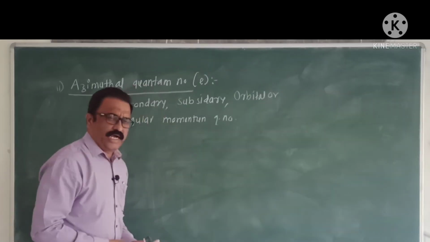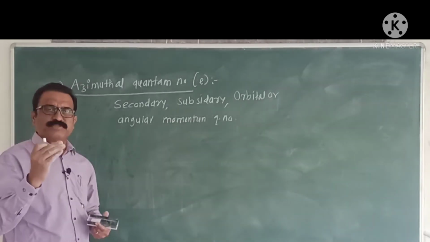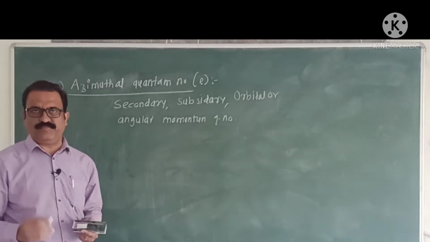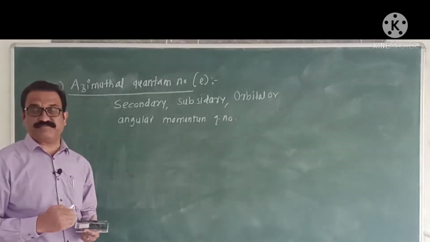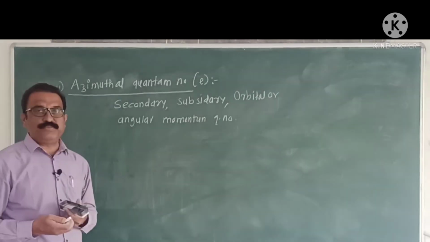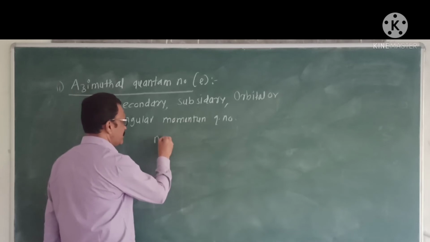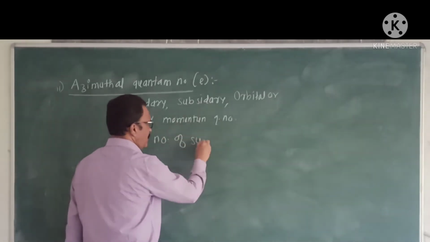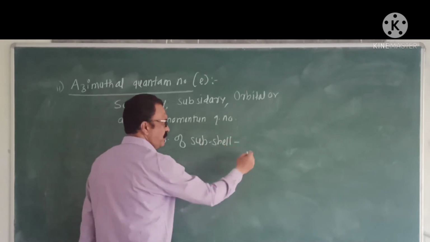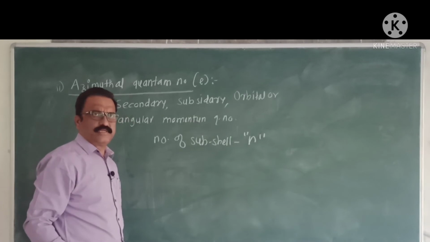Okay? It also gives information regarding the number of subshells present in a shell. That is, the number of subshells is given by this azimuthal quantum number, and the number of subshells present in a main shell is equal to the value of the principal quantum number.